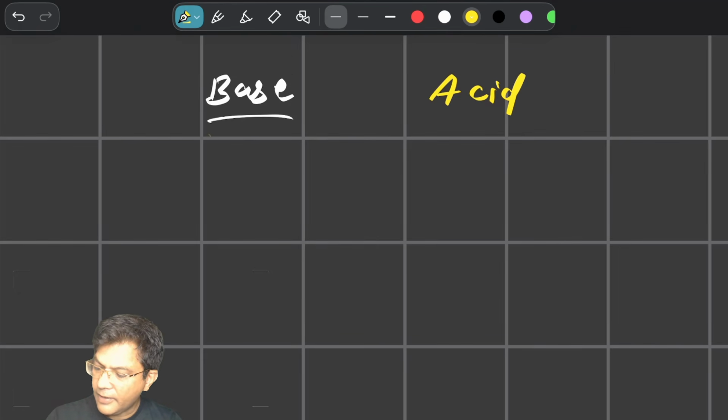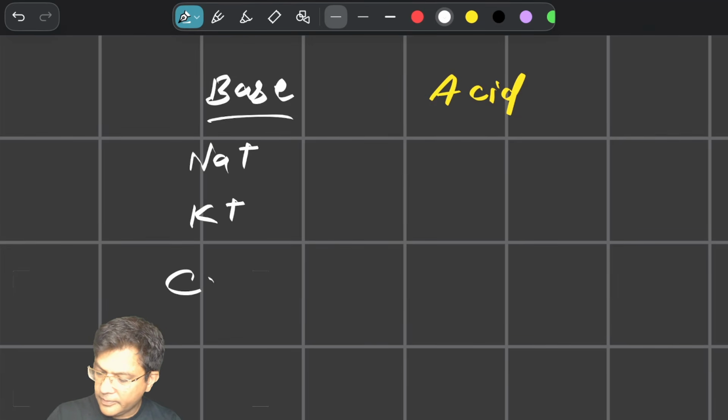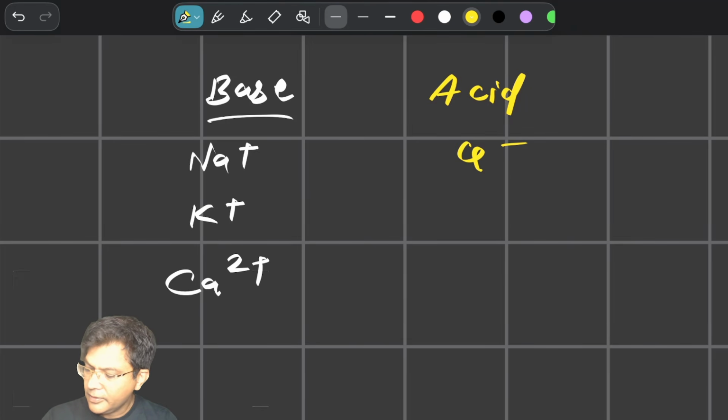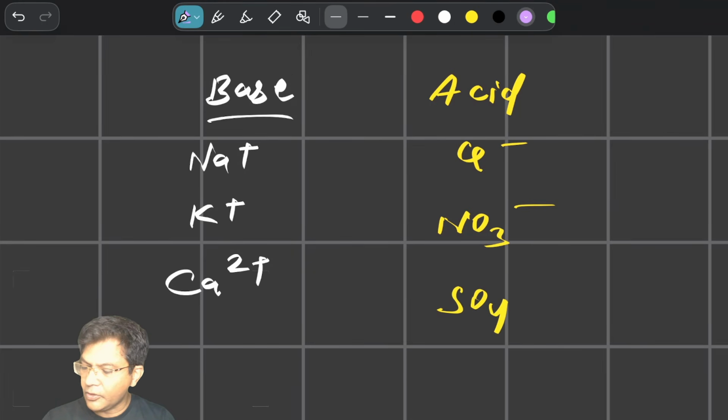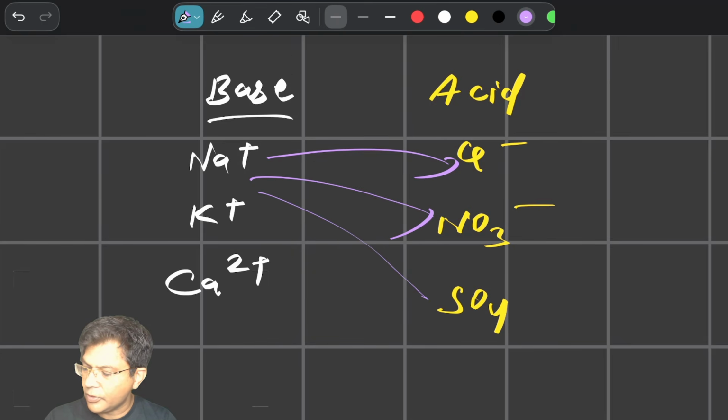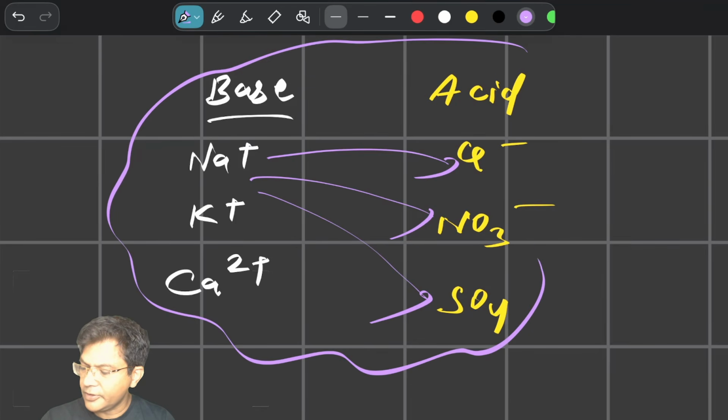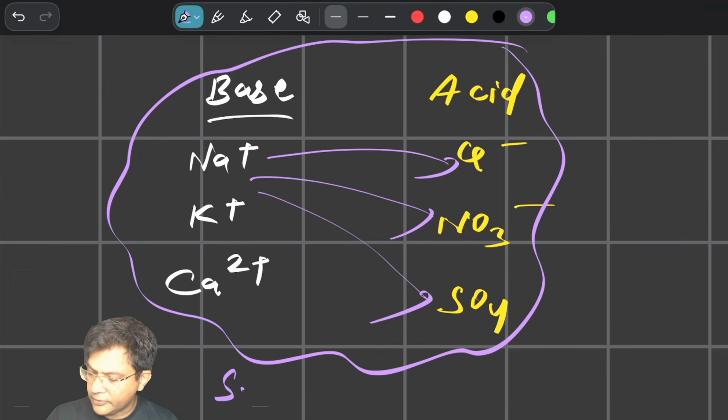Now see, I will write here sodium, potassium, calcium, and there I will write down chloride, nitrate, sulfate. So, any salt made by the combination of these, NaCl, NaNO3, Na2SO4 or calcium chloride, they will form salt of strong acid plus strong base.